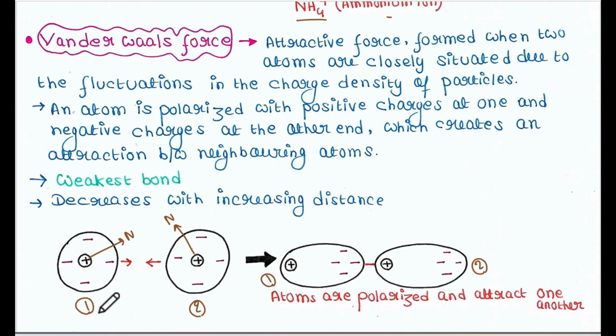In atom 2, the positively charged nucleus is shifted toward this left, and negatively charged electrons are accumulated in right. So there is the attraction between the positively charged nucleus of atom 2 and negatively charged electrons from atom 1. So this is the bond that is called van der Waals force.